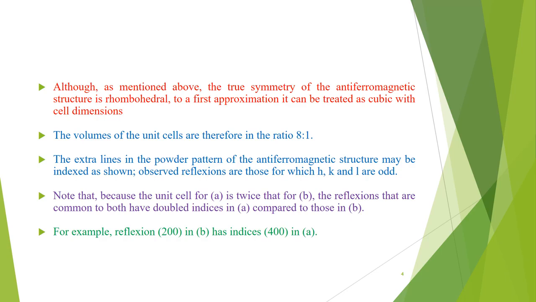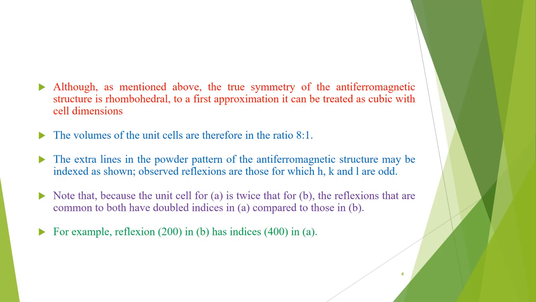That is, a is equal to 8.85 angstrom at 80 Kelvin, which is less than the Néel temperature, whereas at 293 Kelvin, which is greater than the Néel temperature, a has a value of 4.43 angstrom.